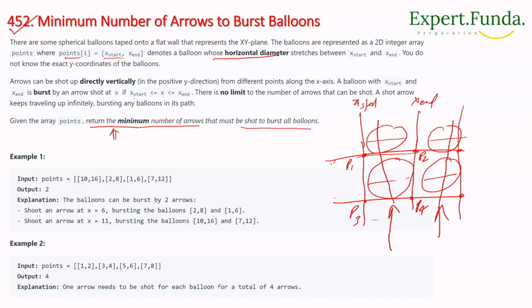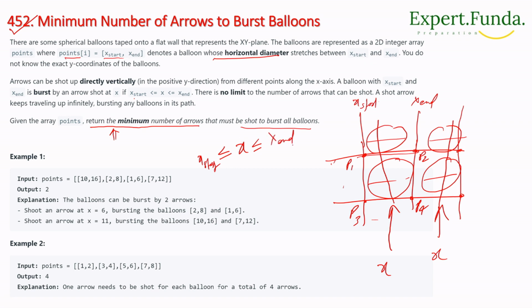So we have to direct them vertically, we have to shoot the arrows so as to minimize them, right? So it is saying the same thing, right? Now it should be at some x. And what is x? He is saying x is greater than or equal to x start and x is less than or equal to x end.